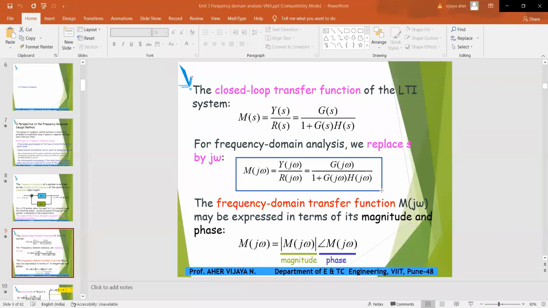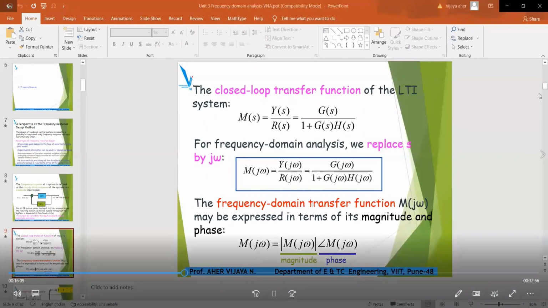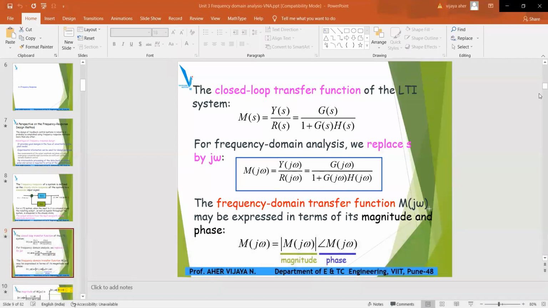In frequency domain analysis, two terms are important. First one is magnitude and second one is phase, that is nothing but Y and phi, right? So the frequency domain transfer function M of j omega is represented in terms of two parameters.